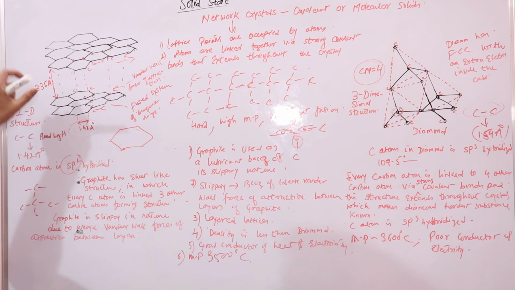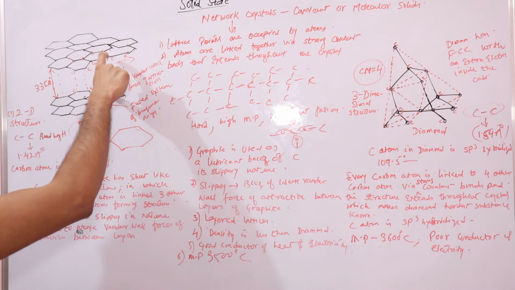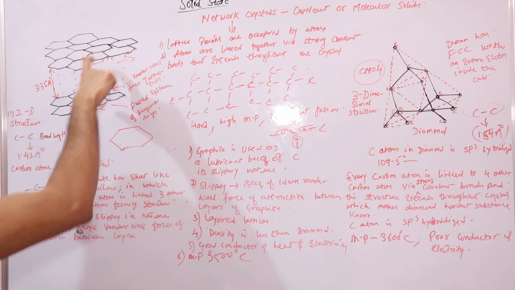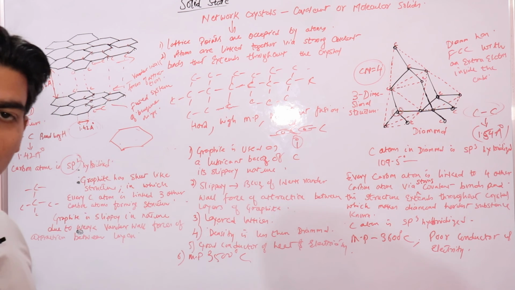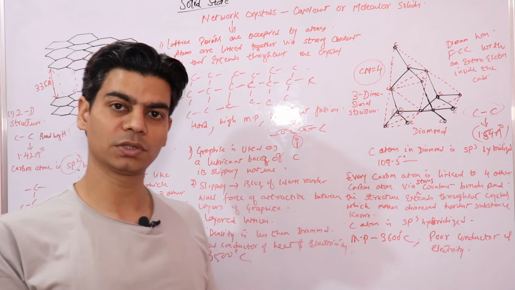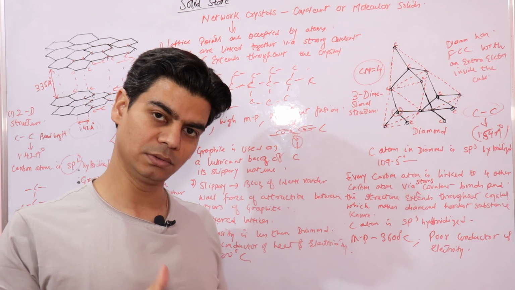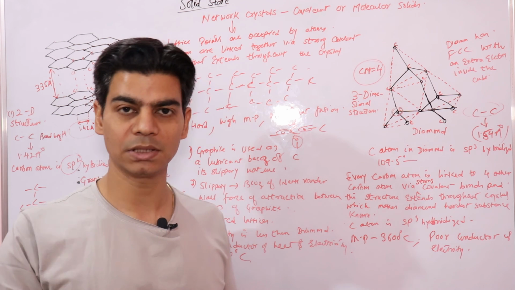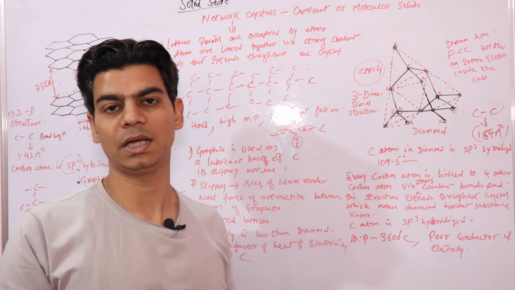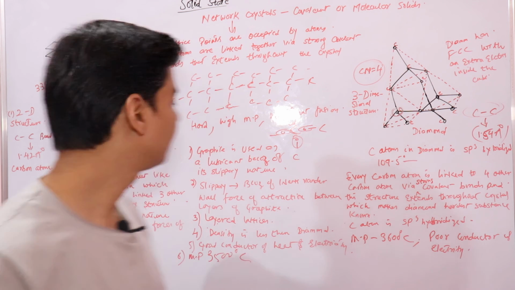Make sure you understand the slippery nature of graphite because of these layers, and the distance between the layers is more than the bond length. The force of attraction is weak van der Waals forces of attraction, due to which it has a slippery nature, and due to its slippery nature it can be used as a lubricant.